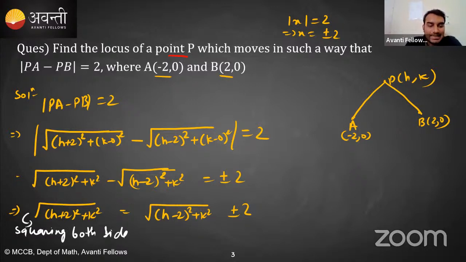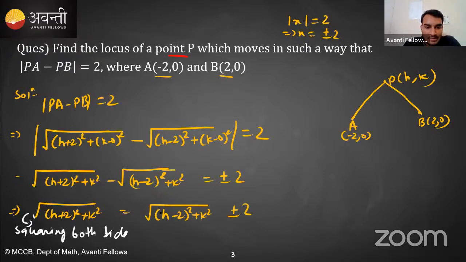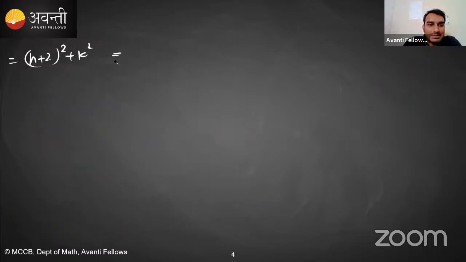What you will get in the LHS is the square of the under root term, which is (h plus 2) whole square plus k square. What you will get in the RHS, this is (a plus b) whole square, which is a square plus b square plus 2ab. So it is written as under root of (h minus 2) whole square plus k square, plus minus 2.